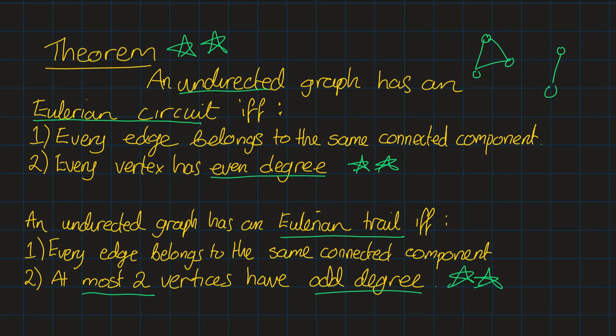If you take a moment to appreciate it, it's a super powerful theorem, because it lets you calculate whether there exists an Eulerian circuit or a trail by just considering the degrees. All you do is you consider what are the degrees of the vertices.